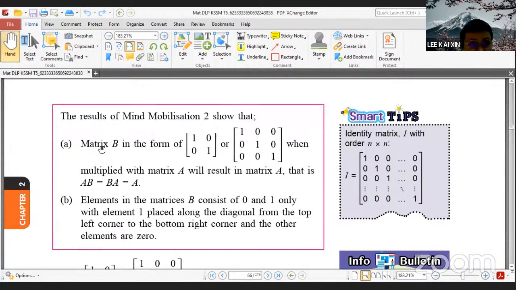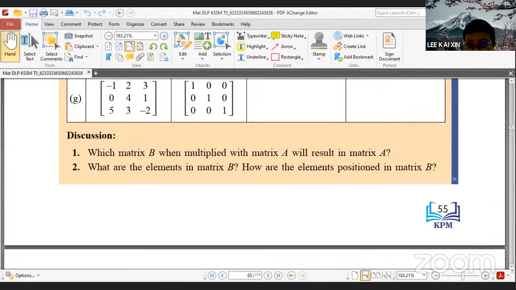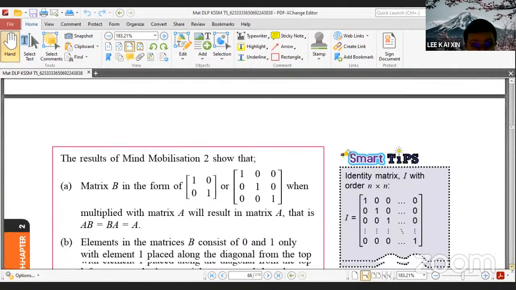Matrix B in this form, when multiplied with matrix A, will result in matrix A. That is, A times B equals B times A equals A. So any matrix times an identity matrix, you get the same matrix as the original one.